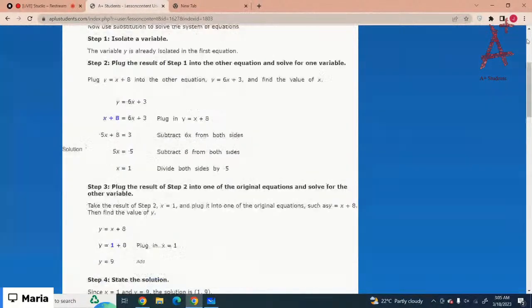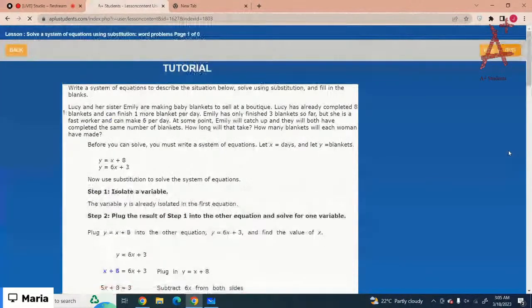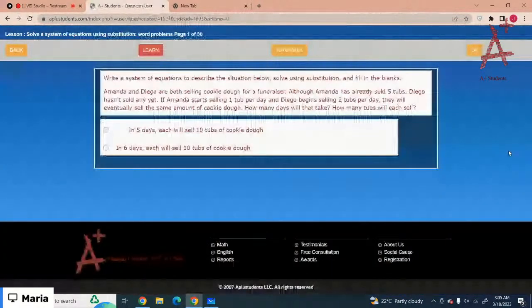You can have a look at tutorial one by yourself. They are already solved. Got it? Let me read the question, then we'll write down the equations. Amanda and Dico are both selling cookie dough for a fundraiser. Although Amanda has already sold 5 tubs, Dico hasn't sold any yet.